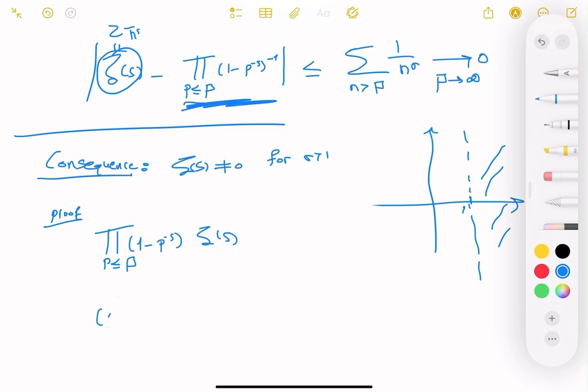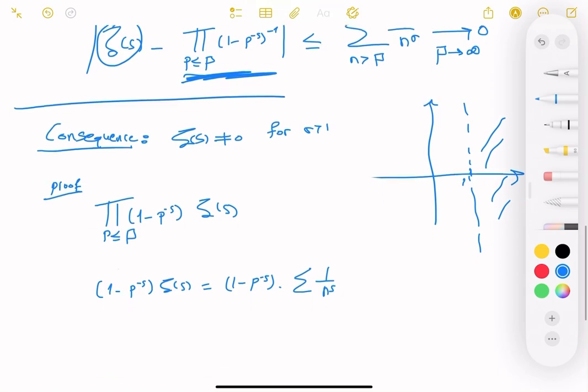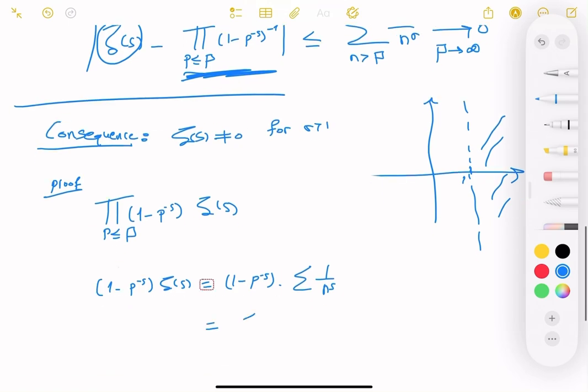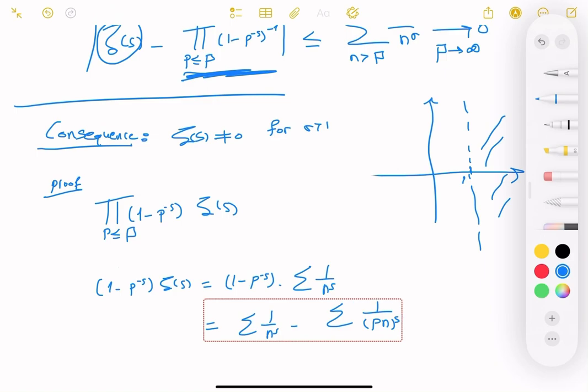If you take one of these primes and you multiply it by zeta, this thing is (1 minus p to the minus s) times the sum of 1 over n to the s, which equals the sum of 1 over n to the s minus the sum of 1 over (pn) to the s, with n running bigger than or equal to 1.